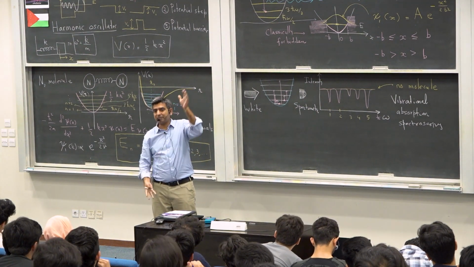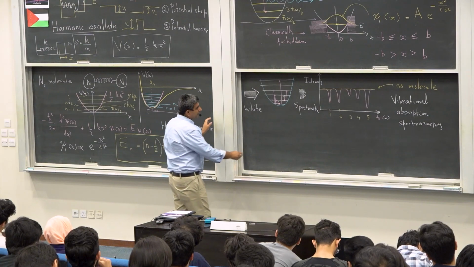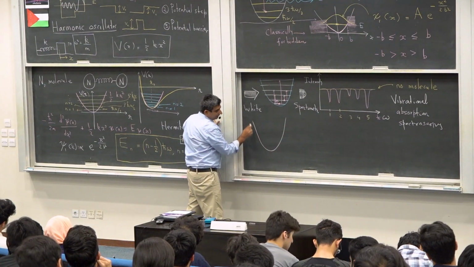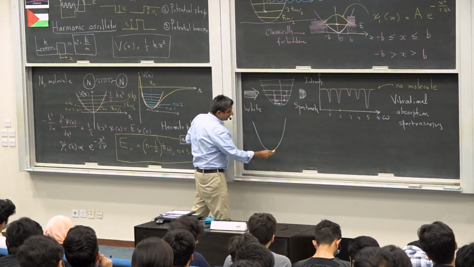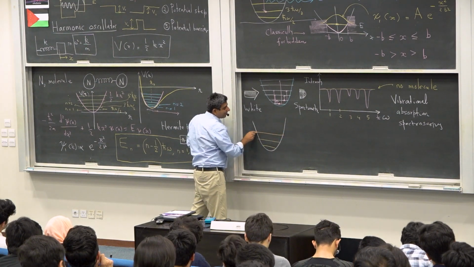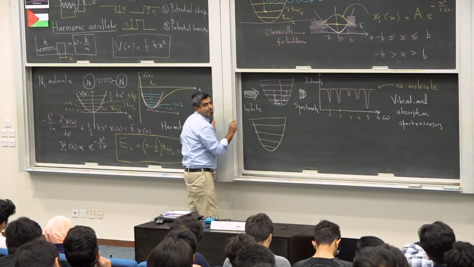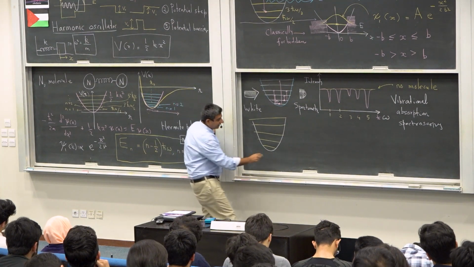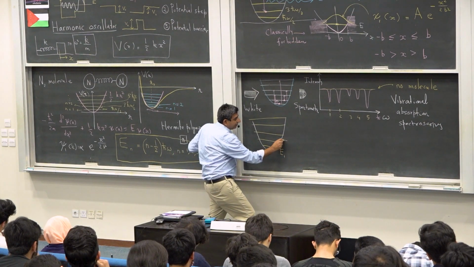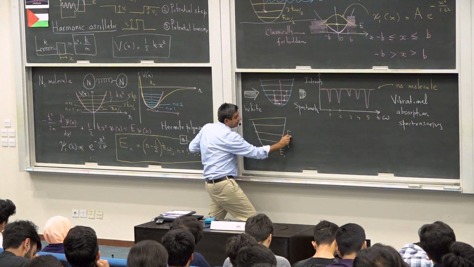There will be a distribution of levels. So if I were to draw this, you're learning a lot of quantum physics here in one go. So you have different levels, energy E1, E2, E3.